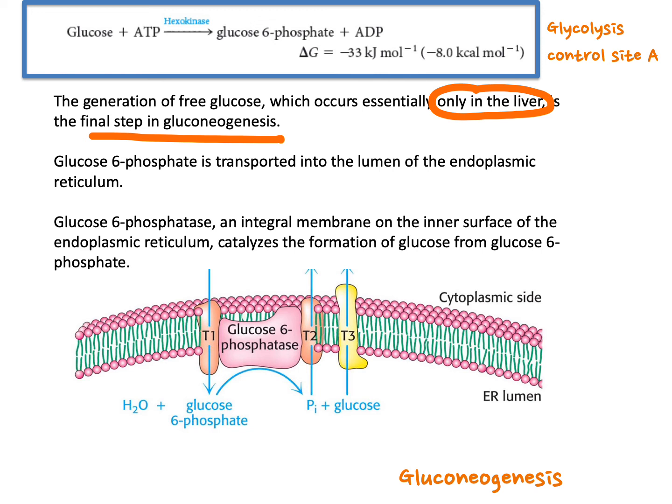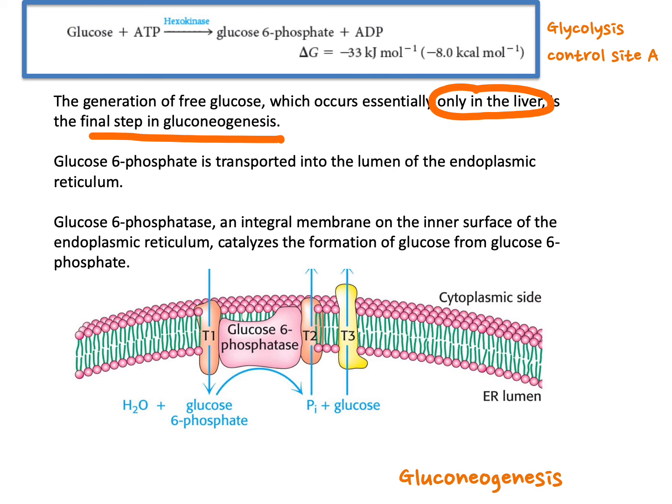But if the ATP is not present, in gluconeogenesis, the glucose 6-phosphate reverses to glucose with the enzyme glucose 6-phosphatase, meaning it removes one phosphate.